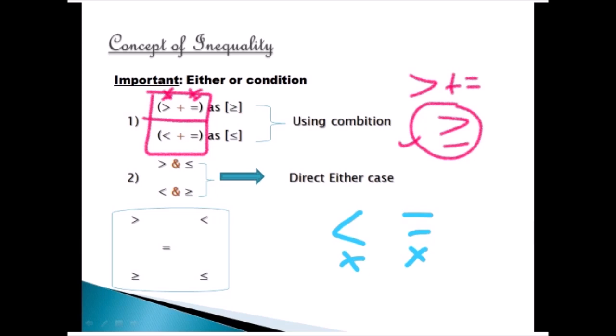So if both are false, then I have to combine both the symbols, and I will get the less than and equals to symbol. Using this symbol, I have to move from my starting point to destination, and if I can, then this kind of conclusion is either case.